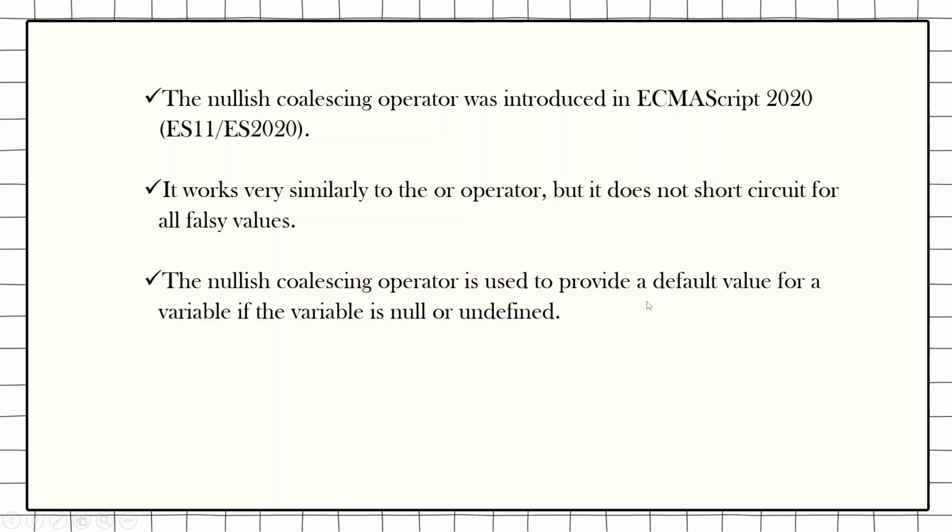And why is it used? It is used to provide default values for the variable if the variable is null or undefined. So if our first value is null or undefined, only then is it going to print the second value. Other than that, for any other falsy values, it will display that value itself.